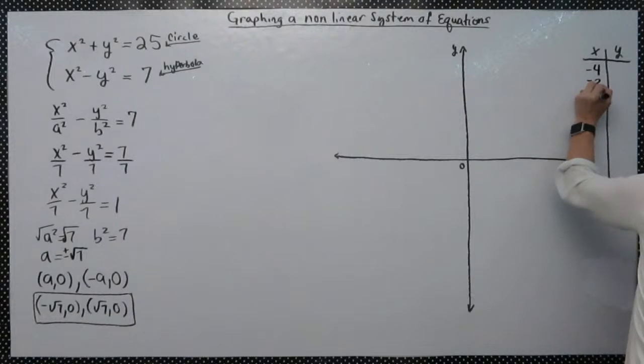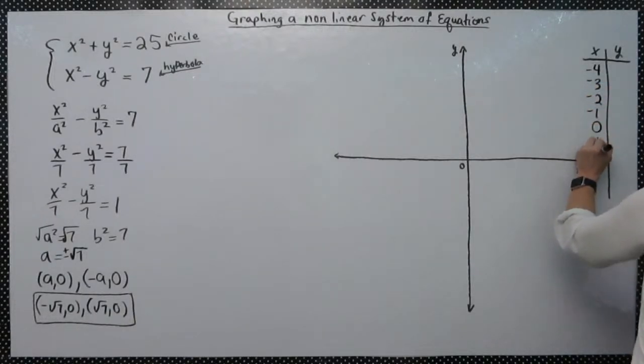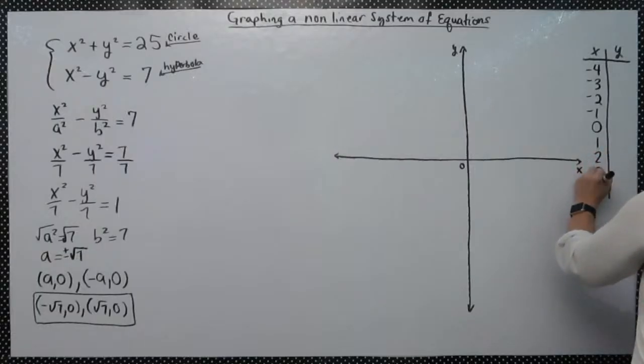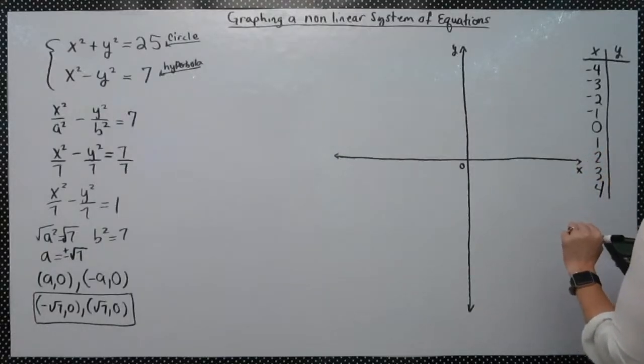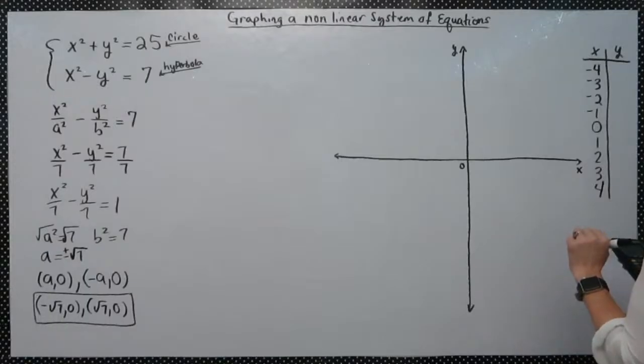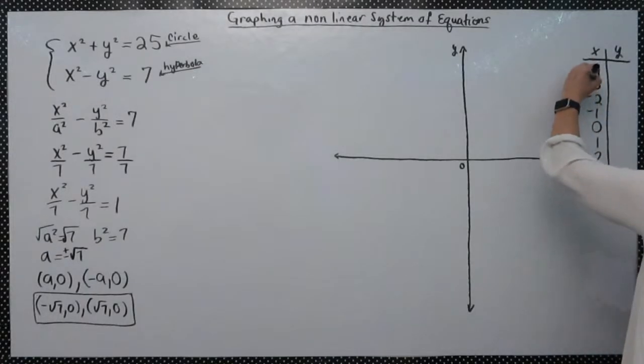-3, -2, -1, 0, 1, 2, 3, 4, just to get a nice symmetrical graph. And then radical 7 is lying in here in between.